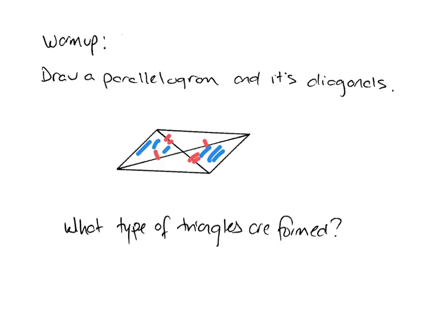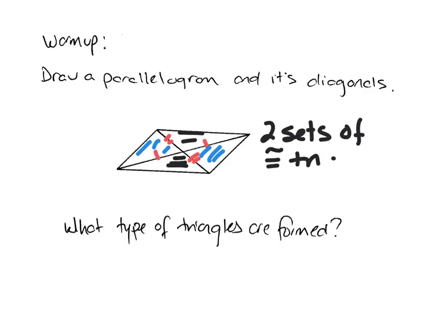We know that the left and the right triangle are congruent. And we also know that the top and bottom triangles are going to be congruent, again, by side, side, side, or side, angle, side. So what I'm going to say is that we have two sets of congruent triangles when the diagonals of a parallelogram are formed.